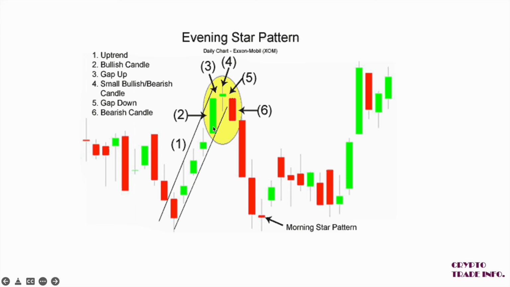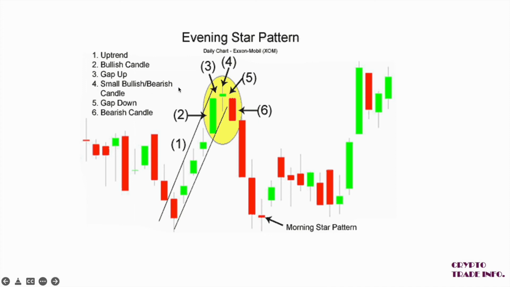Number two, the bullish candle. We first of all have the bullish candle, a full-blown, big-body bullish candle. Number three, we have a gap up. There is a gap up to the next candle. The price picked up, there was a jump in the opening price of the next day's candle. So there was a gap up.